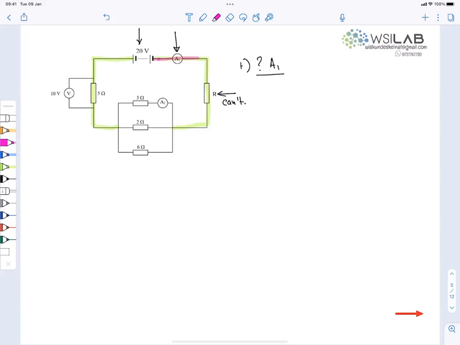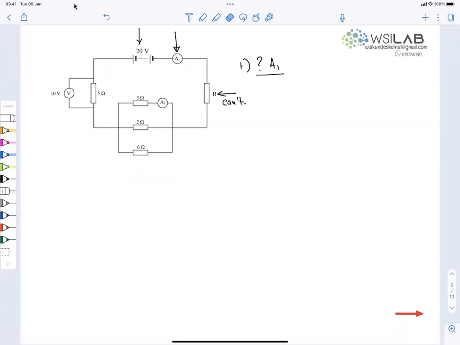Do you agree that all the current flows through that section there that I made pink now? Yes. Where else does all the current flow through? On your left-hand side? Yeah, there. If I can get all the current through this section, then I have all the current.